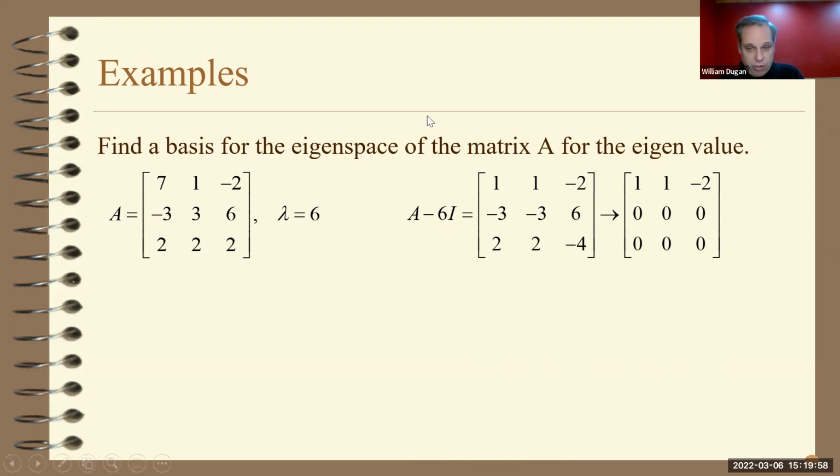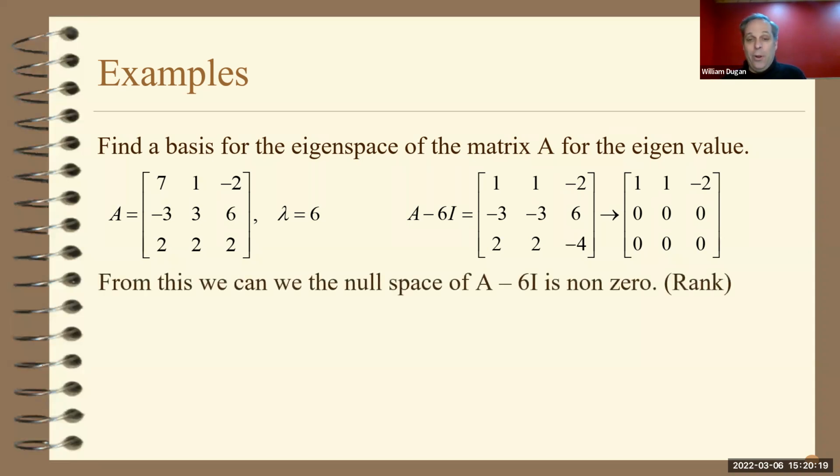I did the subtraction for you here, then row reduced it, and notice that there's only one non-zero row. So the matrix A minus 6 times I has a rank of 1. That rank is not 3, which means by the equivalence that the null space of this matrix is not 0. So I now know that null space is not 0, and therefore 6 had to be an eigenvalue.